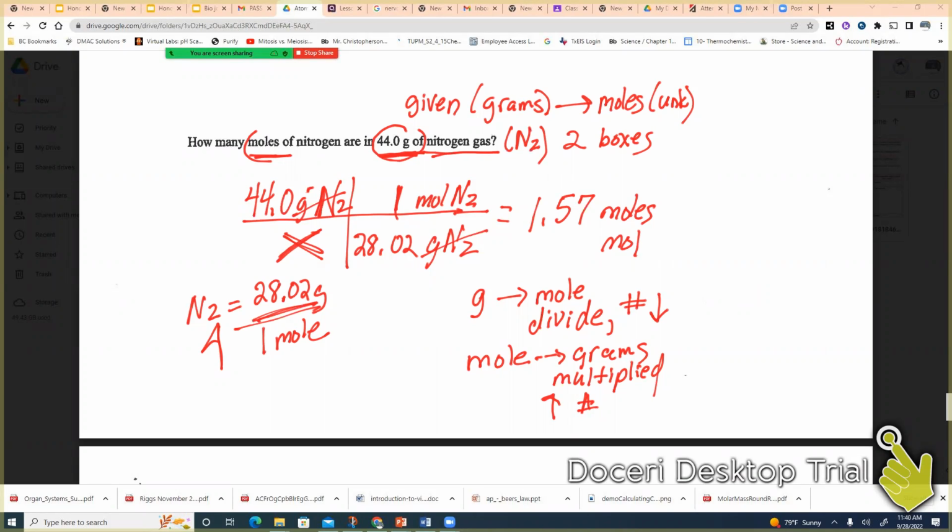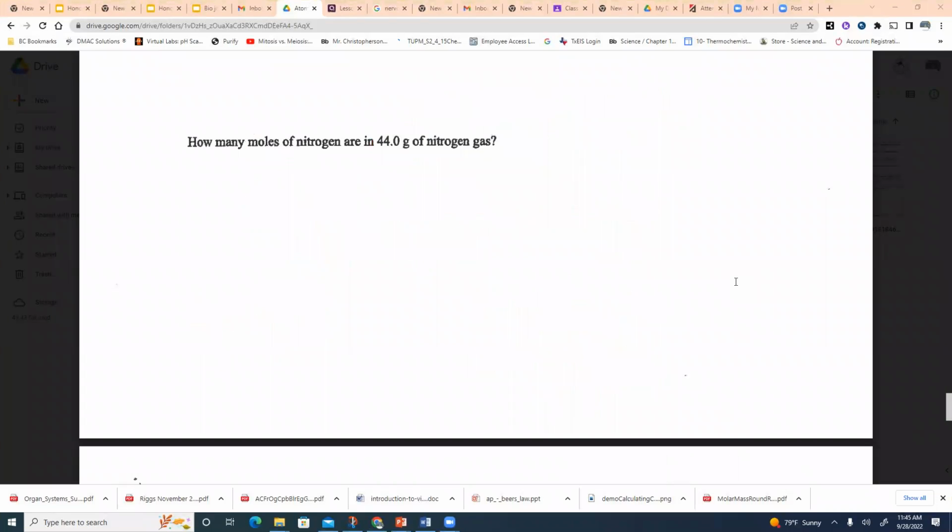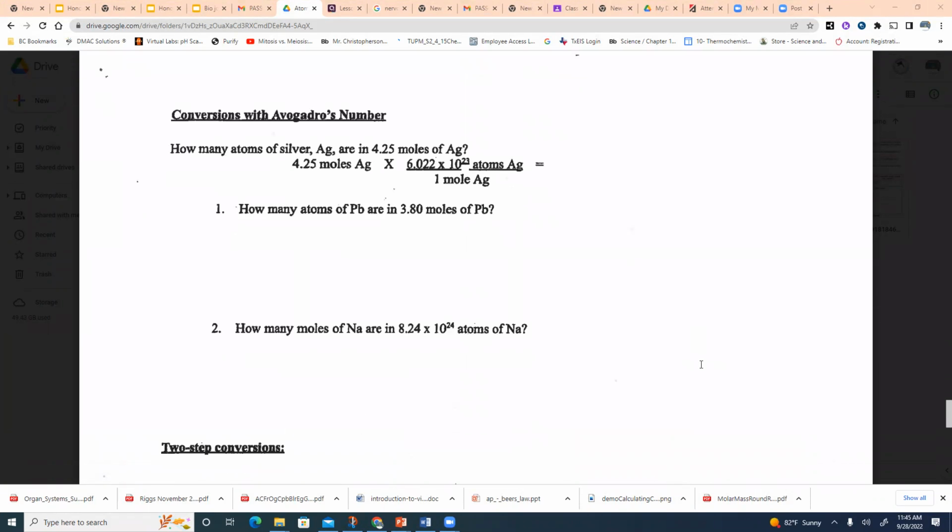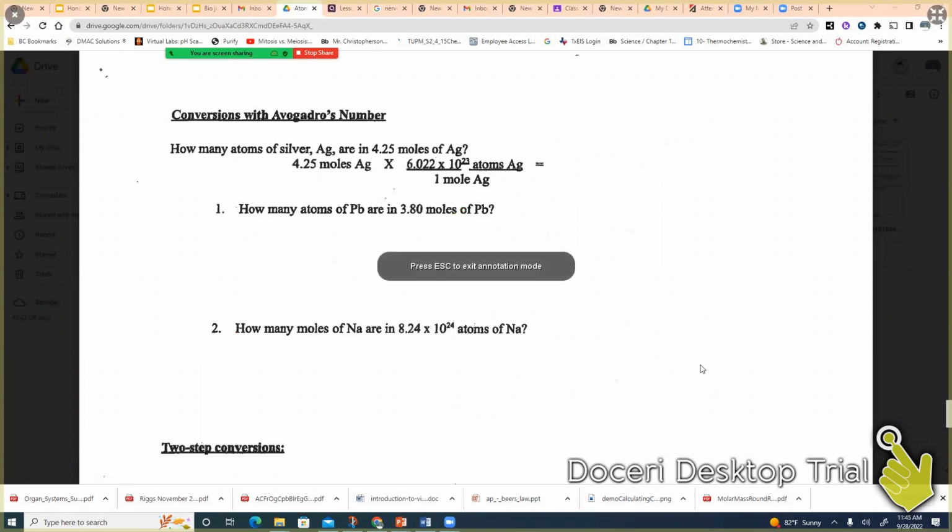All right, any other questions? All right, let's put Avogadro's number in it. And then tomorrow, we'll put it all together with 3 boxes. So now we're going to be using Avogadro's number.